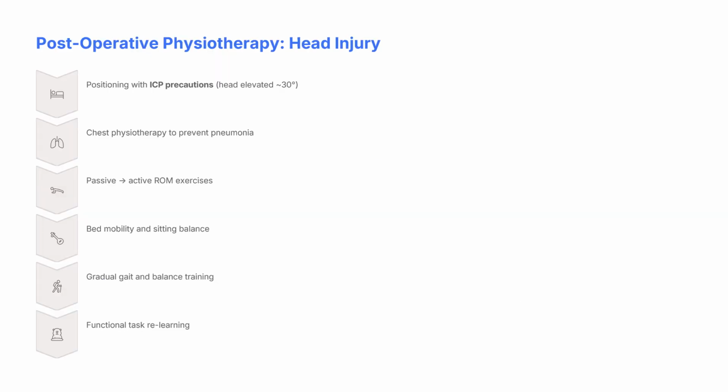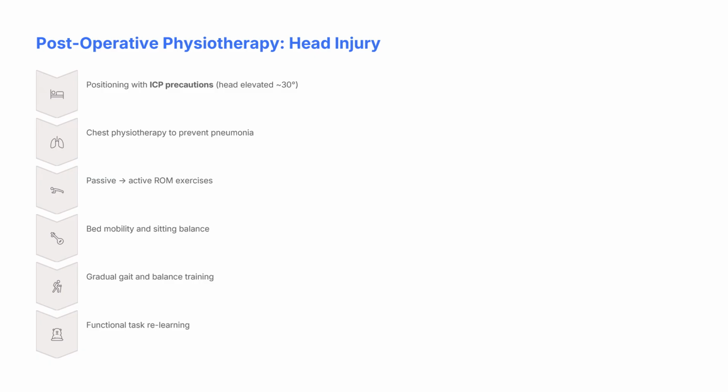So let us see physiotherapy. Post-operative care includes the positioning of the patient and ICP precautions. That means the head should not be placed in a tilting, head-down position. A therapist should always make sure the head-down position is prevented.